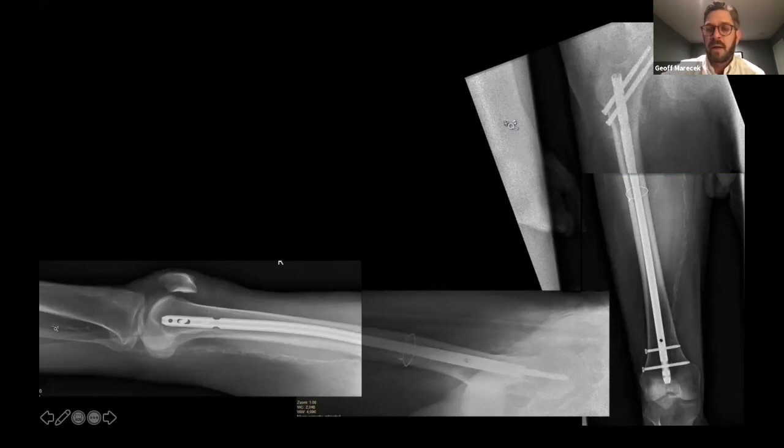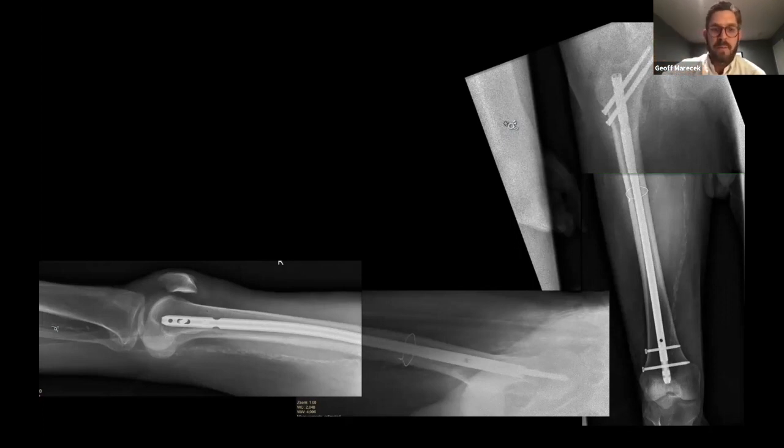If you do a very nice subvastus approach, I don't just bovie through the vastus, I carefully elevate it, leaving the periosteum on. You don't need to strip much of the periosteum at the cortical reduction, and doing a single nice pass of the wire, I think, does not disturb it very much.